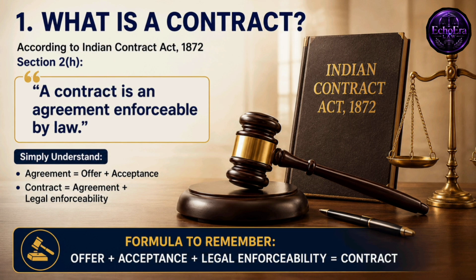But every agreement does not become a contract. An agreement becomes a contract only when the law recognizes and enforces it. The easiest formula to remember is: offer when accepted will become agreement, and agreement when enforceable legally becomes contract. Keep this formula in mind because it is the foundation of contract law.